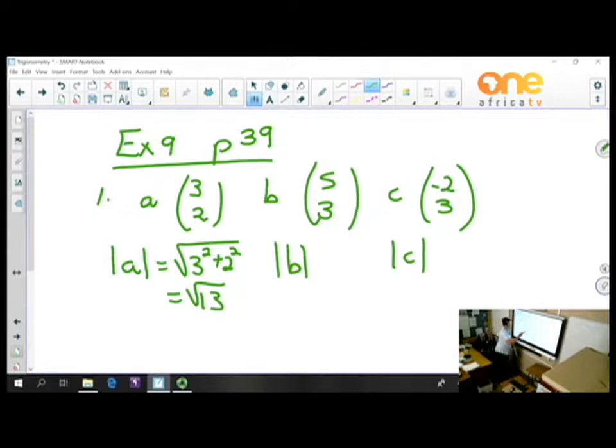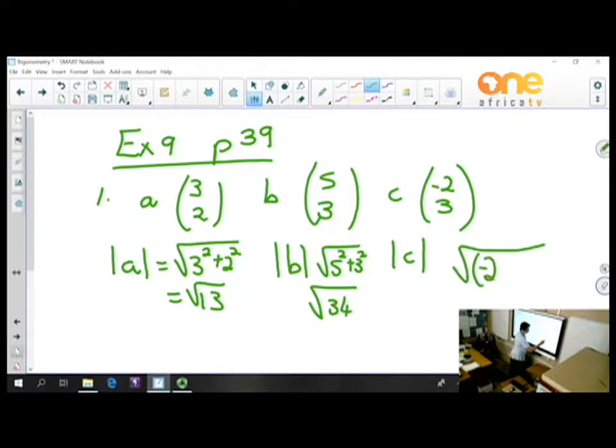Now, B will then be the square root of 5 squared plus 3 squared, and that is the square root of 34. And C is then the square root of, make sure here with your signs, (-2) squared plus 3 squared, and that is giving you also the square root of 13. As I say, you can get an answer, round it off to 3 significant figures, or we can give it like this.